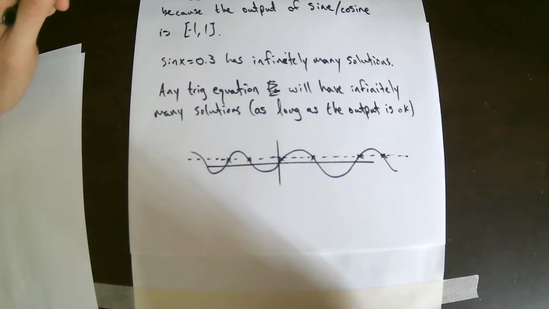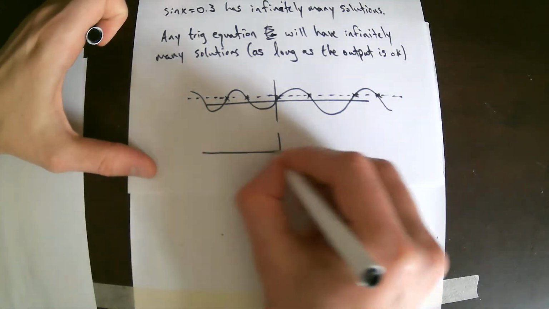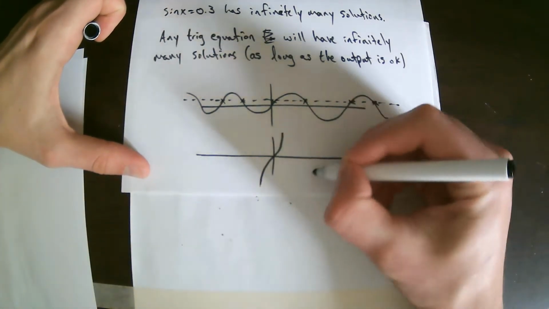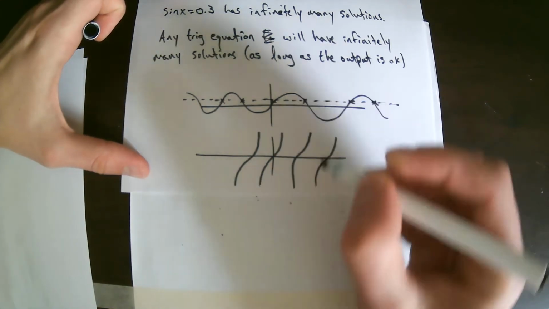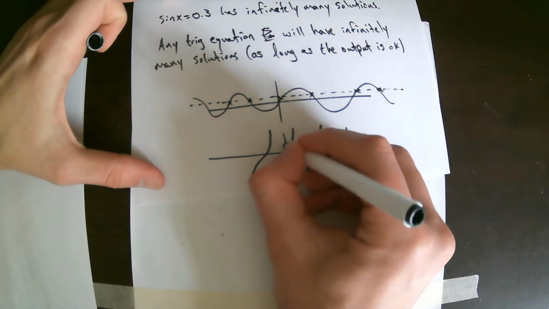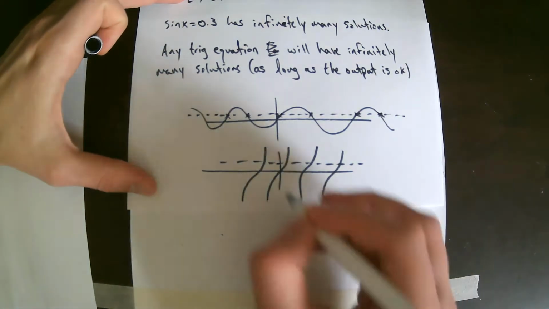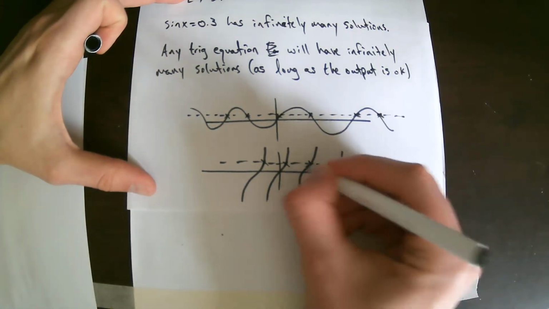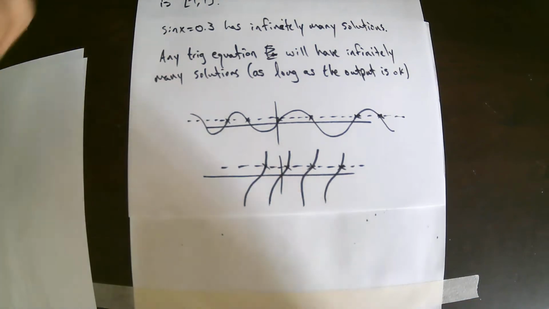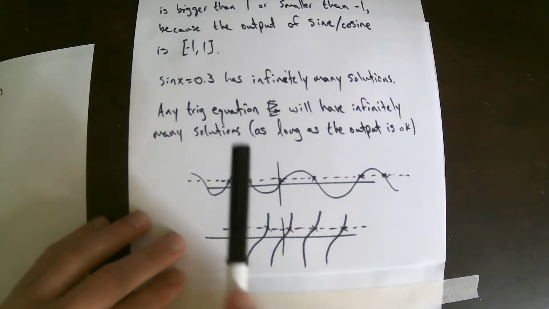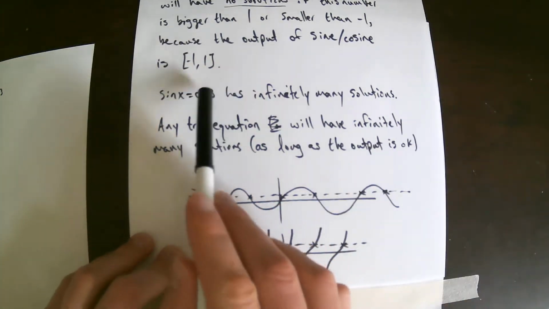And of course, this will be the same for cosine, and even for tangent, which has this kind of graph over and over again. This is a poor representation, but something like that. So how many times would 0.3 cross the tangent graph? Well, still infinitely many times. So any trig equation is going to have infinitely many solutions as long as that output is within the range.